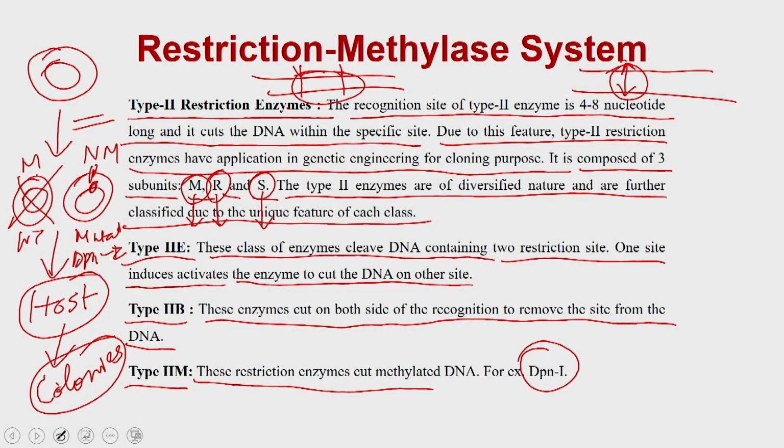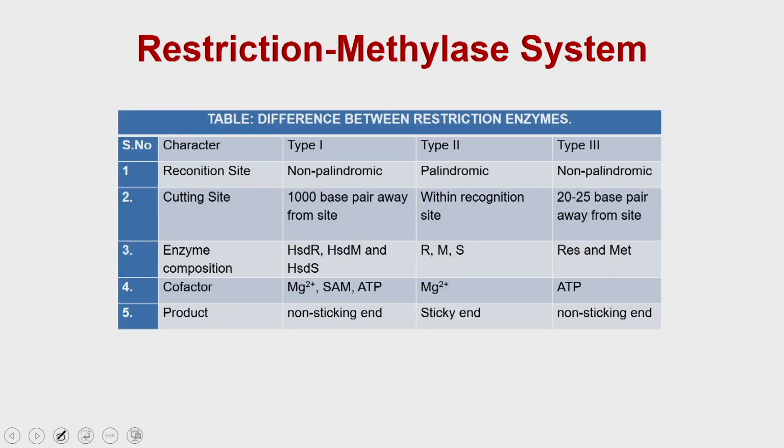So, that is the application of these restriction enzymes which belong to type 2M. Now, let us see what the differences are between the different restriction enzymes. So, you have type 1, type 2 and type 3. As far as the recognition site is concerned, type 1 is non-palindromic. Okay, we will discuss what is palindromic and what is non-palindromic.